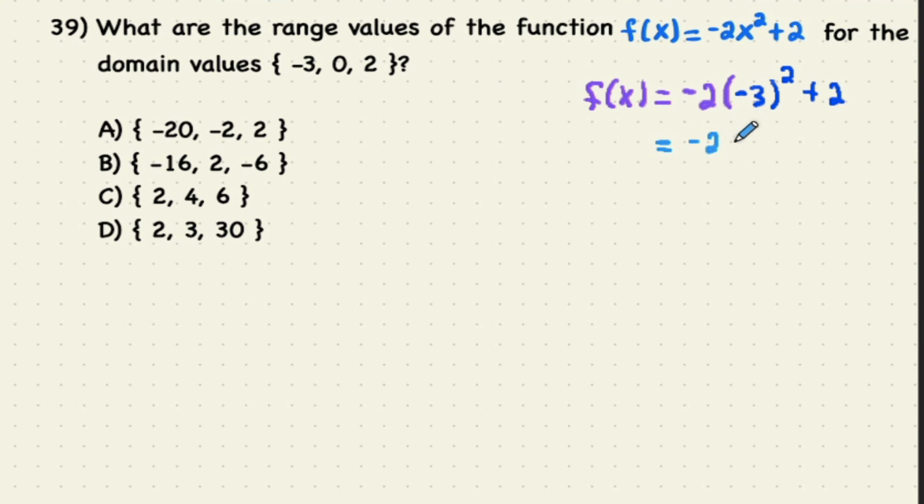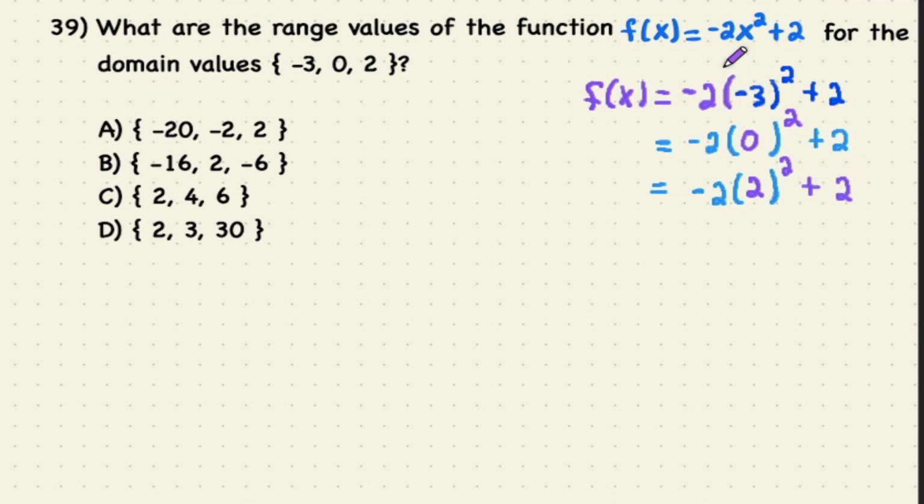This time we're placing 0 in the parentheses here, squared, and then we have plus 2. Last but not least, we have negative 2 times 2. So we'll place 2 in the parentheses here. That's squared plus 2. So we'll solve each of these.